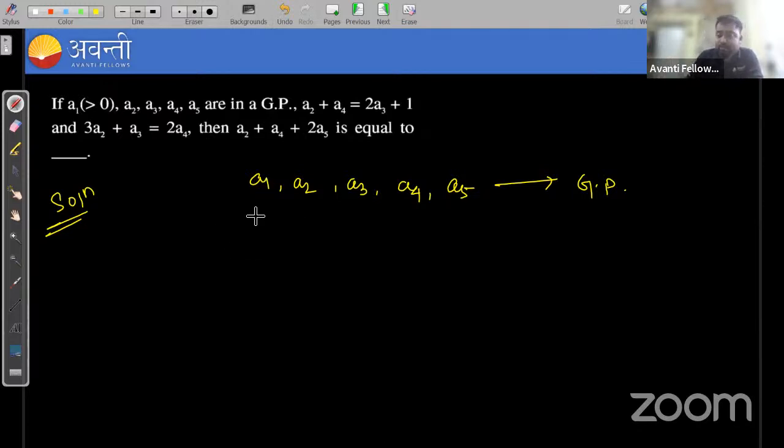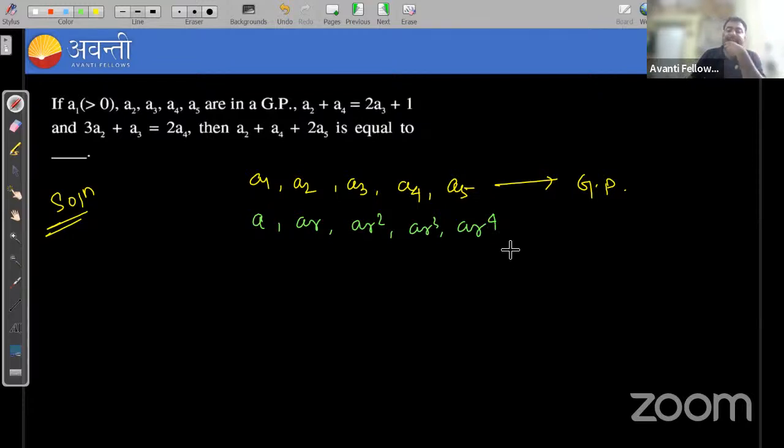Either I can choose the first term as A, or let's change the color. Okay, first term as A, case 1: A, AR, AR square, AR cube, AR to the power 4, right?